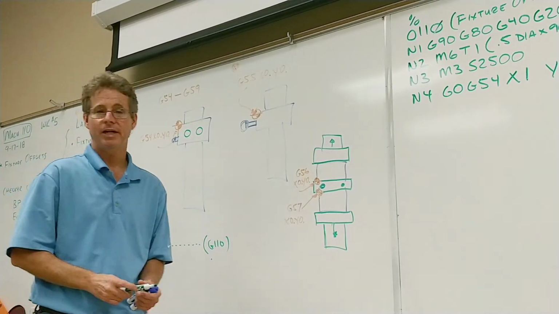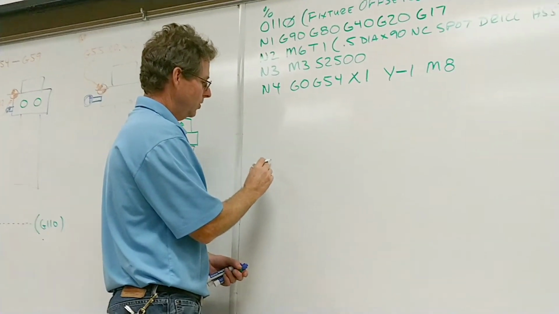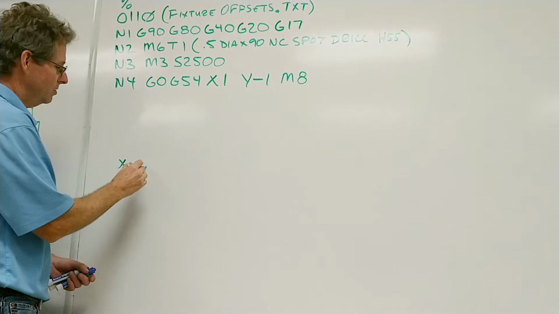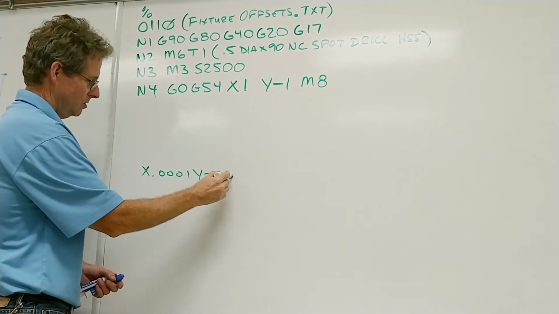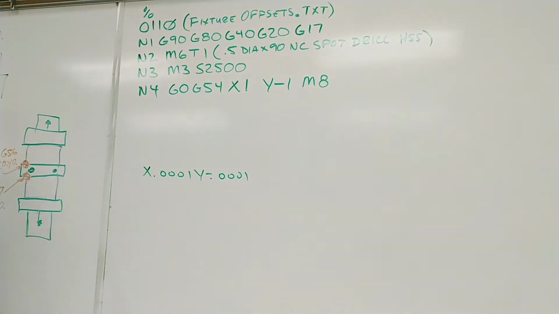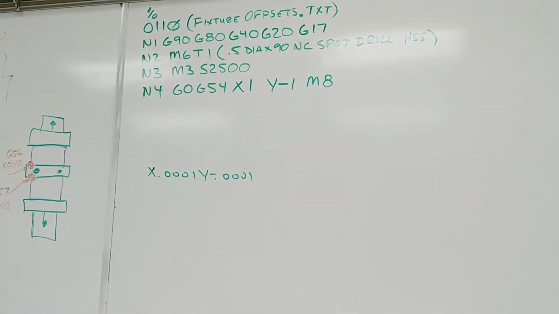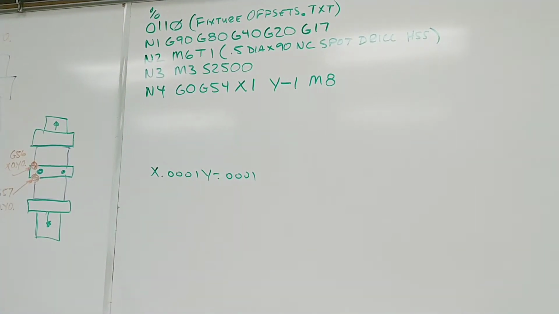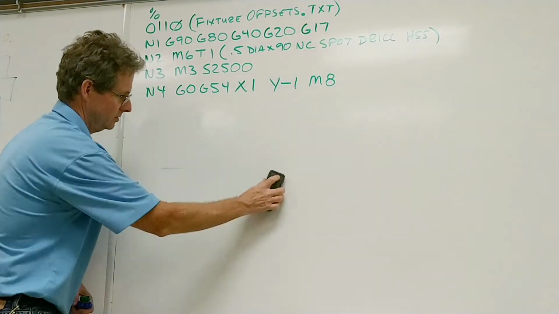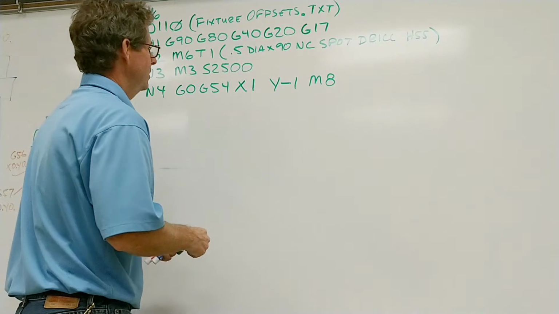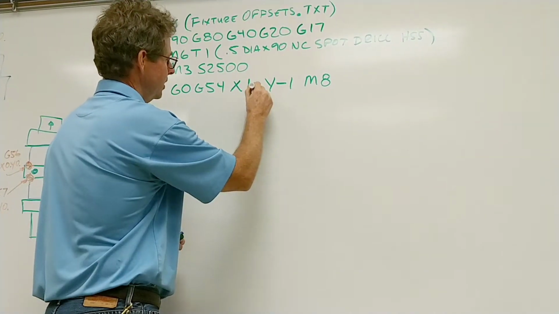Haas will do the same thing. If you don't put a decimal point, you just put in X of 0.0001, Y minus 0.0001. Haas is fully FANUC compatible. You have to have the decimal points here. So that's where you're going to see your fixture offsets.